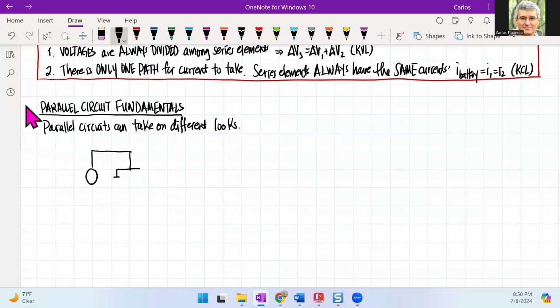So I can have a combination that looks like this, and this is exactly the same as this guy, which is exactly the same as this one.